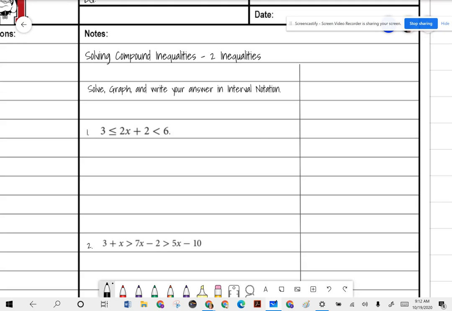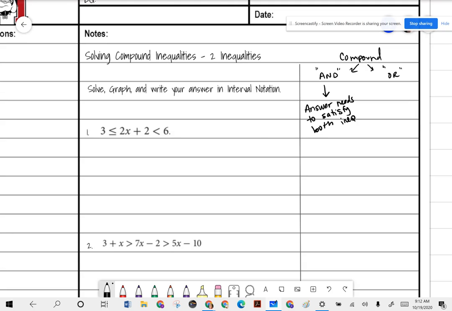There are two main types of compound inequalities. They are either going to be what we refer to as an and or an or. All right, so with an and statement, your answer needs to satisfy both inequalities.